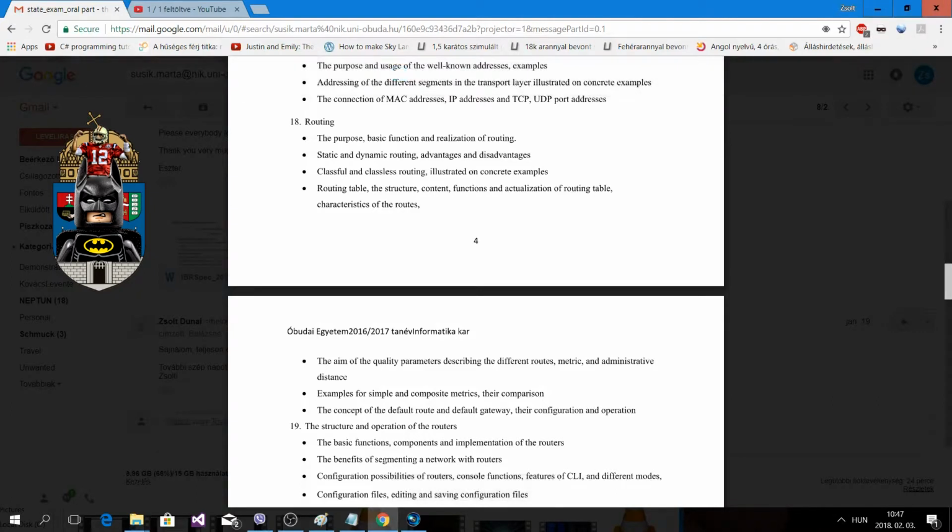A routing table: the structure, content, functions, and actualization of routing table, characteristics of routes. So okay, characteristics here, of course you can come up with, for example, how a routing table looks like. There is an entry, there is the first notification of how the route was learned, so for example directly attached, or learned through OSPF, or statically or dynamically.